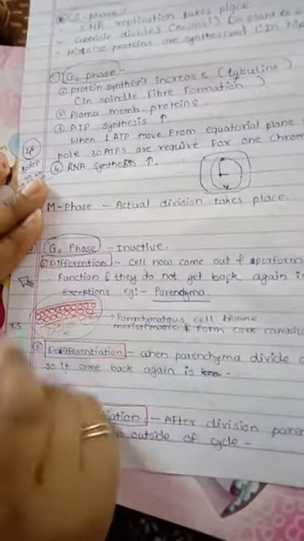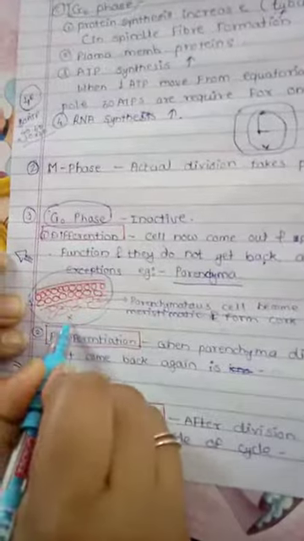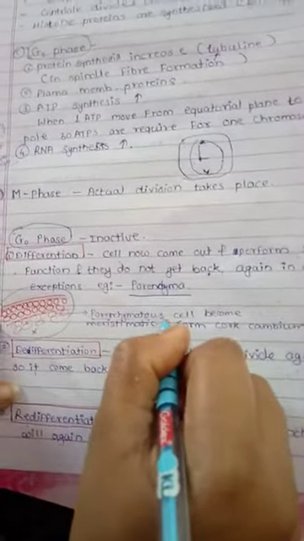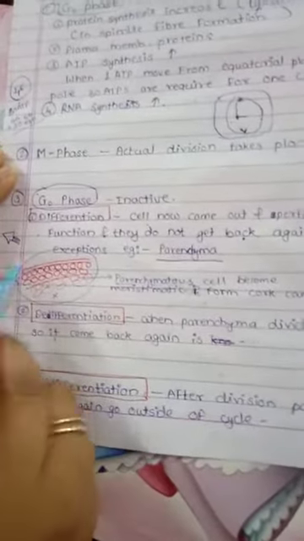Here the xylem cells and phloem cells are present. The dividing cells are xylem. Then these are the parenchymatous cells, which divide again and come back into the cell cycle.